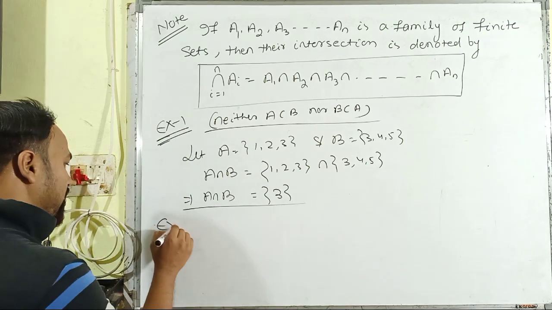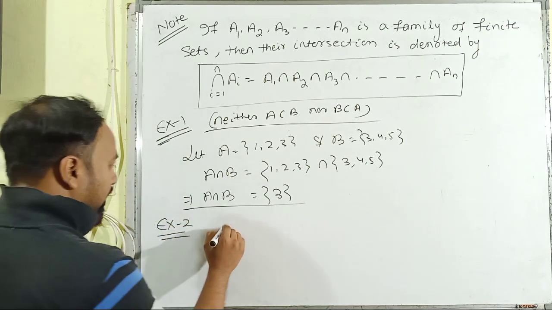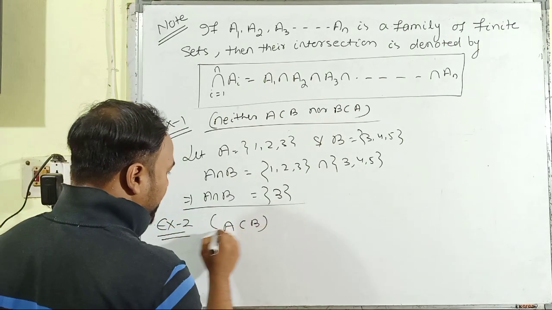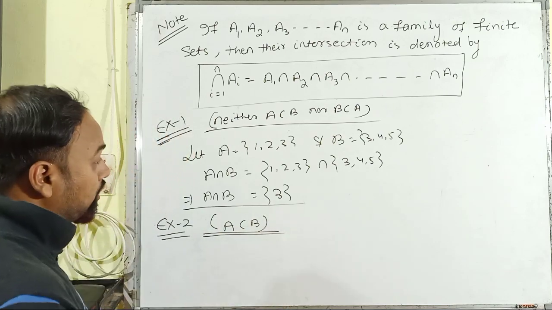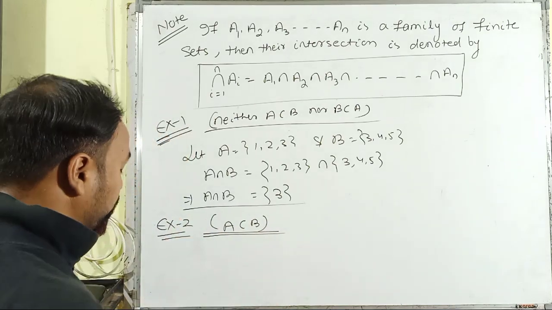Then moving towards example number 2, where A is a subset of B. That means the second category of the intersection of two sets.